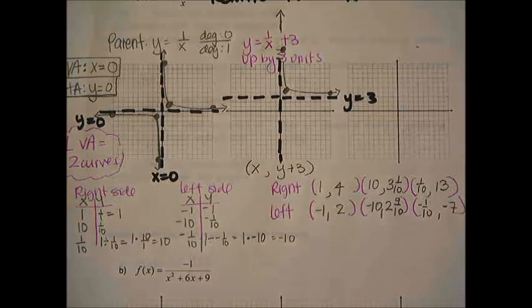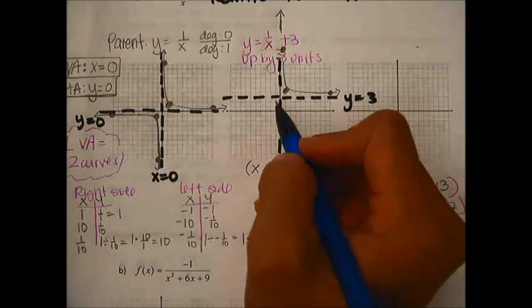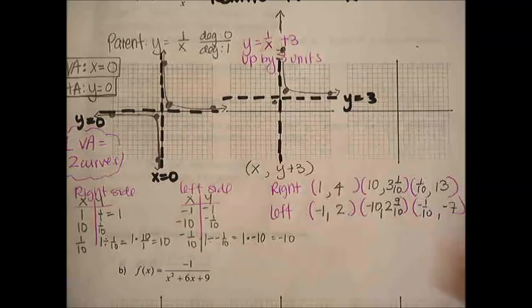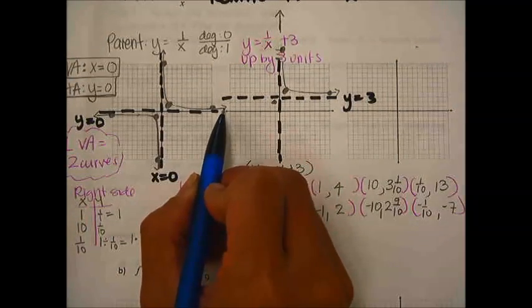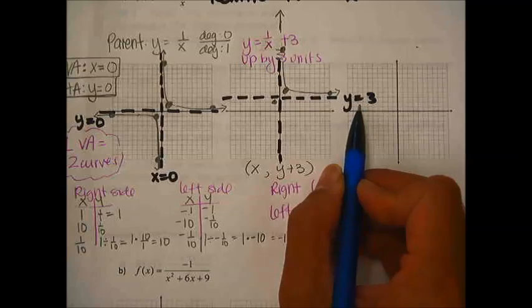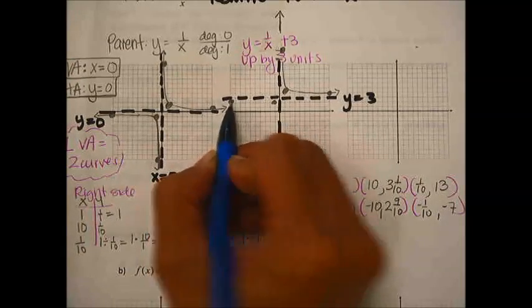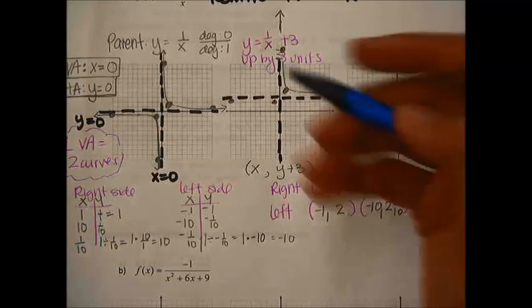Then the left hand side, -1, 2. Here's -1, 2 right there. Then we got -10, 2 and 9/10, which is not quite at 3, so we're going to put it right here. Then we have -1/10, which is super close to 0, and then -7.